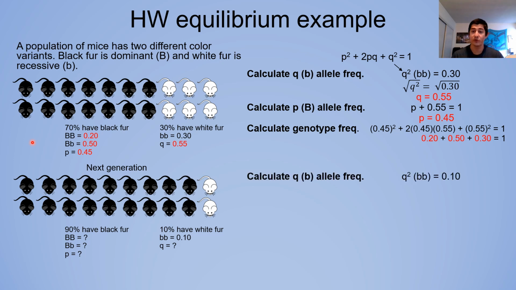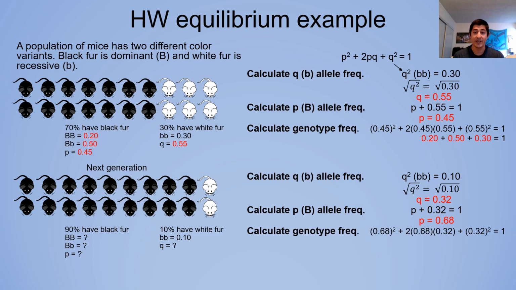And so we'll just run through the same calculation where we figure out what the allele frequency is for the recessive gene, which is 0.32 or 32%. We then calculate the allele frequency for our dominant gene, which is 0.68 or 68%. Again, we plug and chug, and we can find the new genotype frequencies of the second generation.